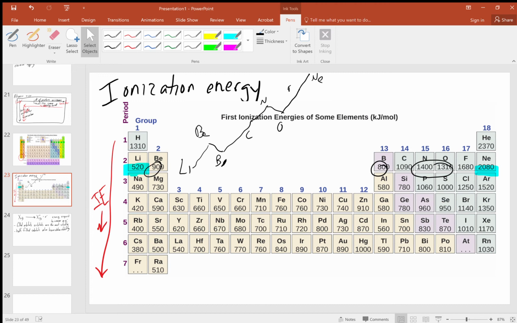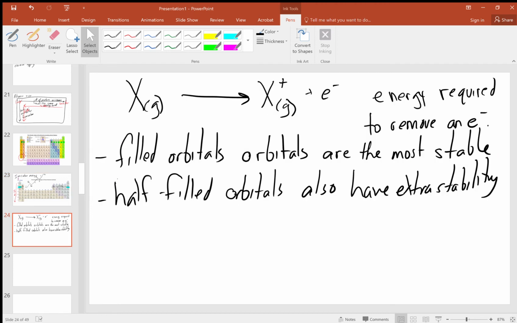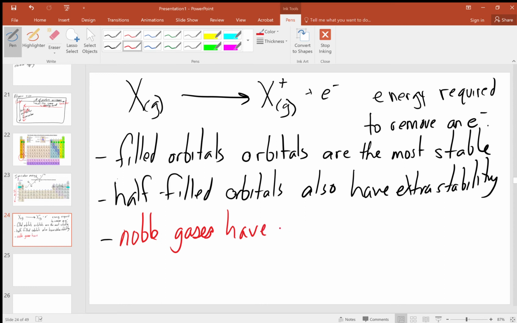Another reason, and we'll get to these things later, or actually let's talk about this now. Noble gas configurations are the most stable.